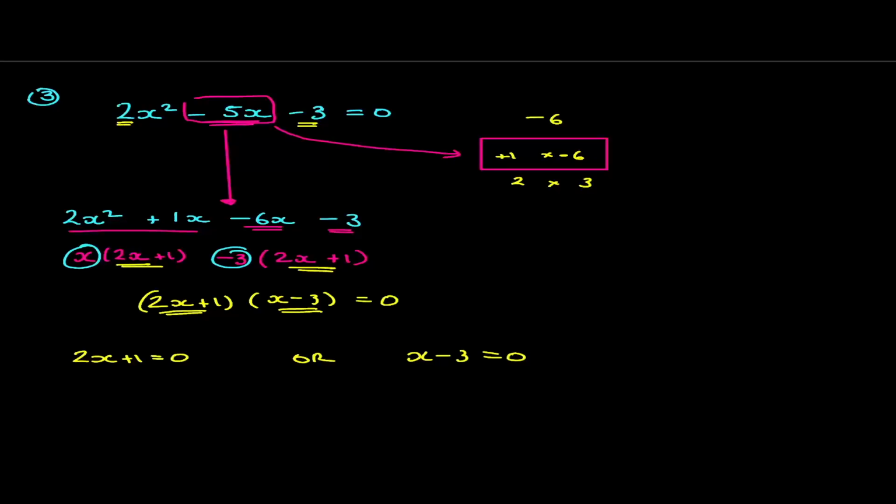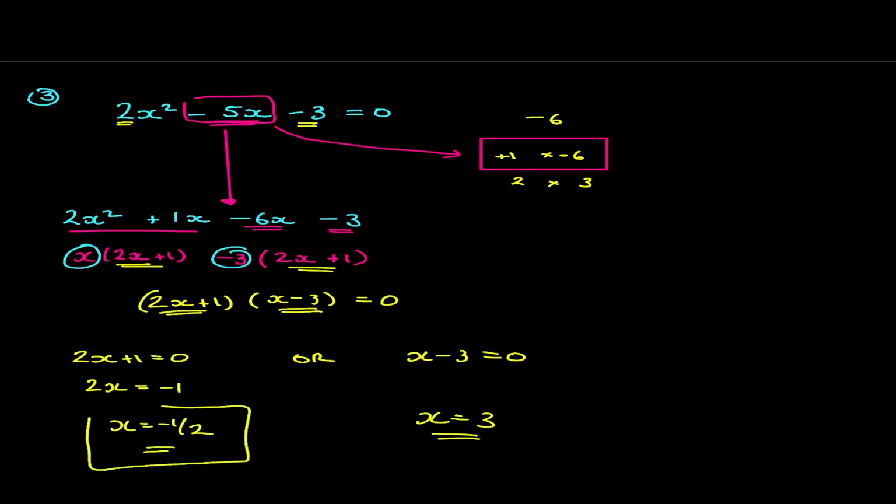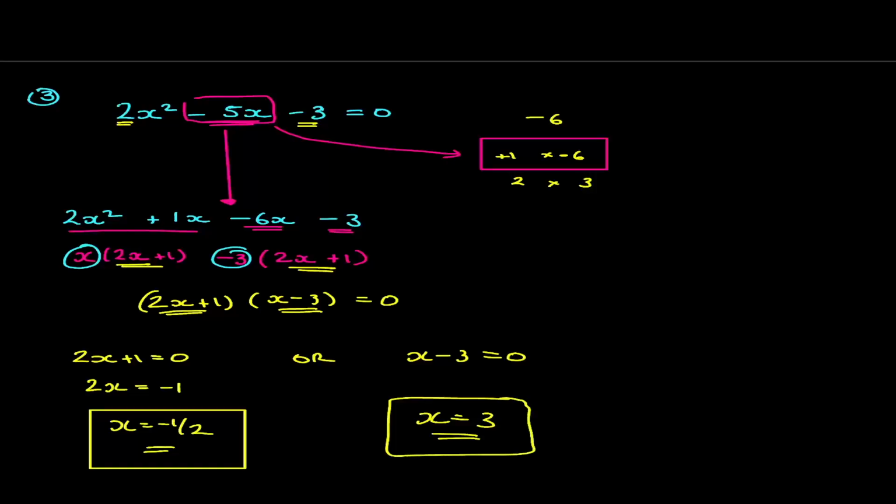And if we rearrange this, we get 2x equals neg 1, x equals neg 1 on 2. If we rearrange this second one, x equals 3. So the answers for question 3 are x equals negative a half, or x equals 3. So that one was quite tricky. Well done if you got that correct.